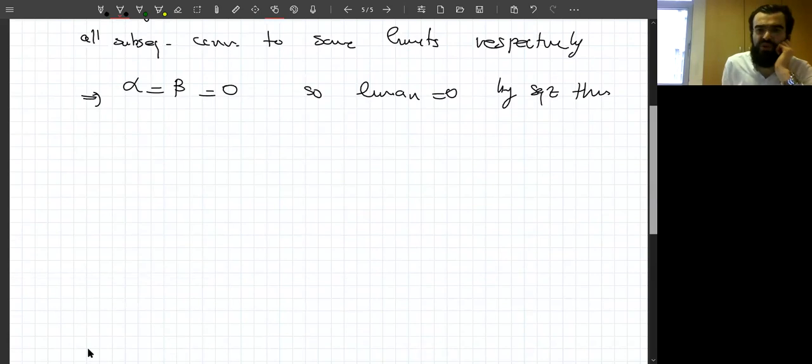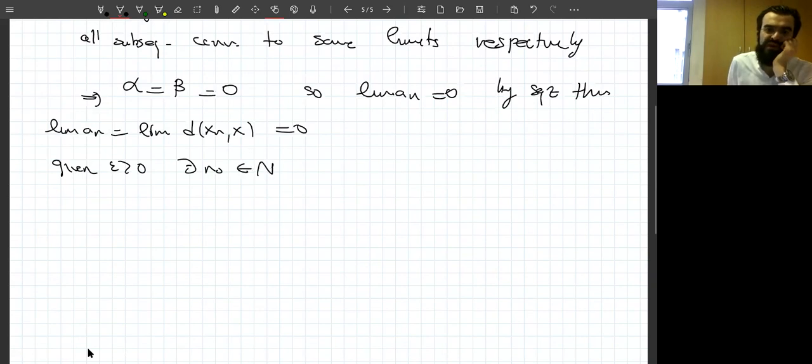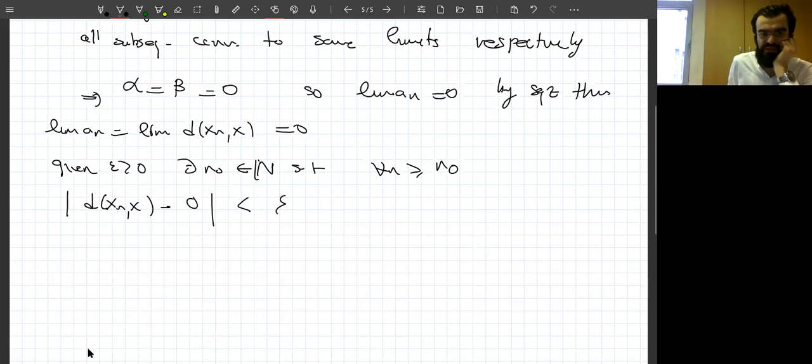Let me finish the proof. Okay, so a_n is what? The limit of a_n equals the limit of d(x_n, x), which is 0. This implies, given epsilon greater than 0, there exists n0 in N such that for all n greater than n0, we have the absolute value of d(x_n, x) minus 0 less than epsilon.